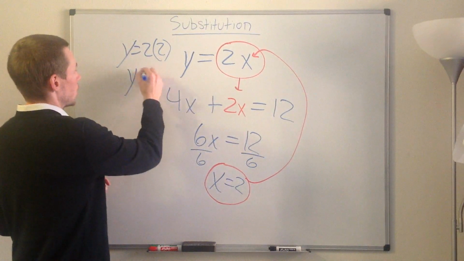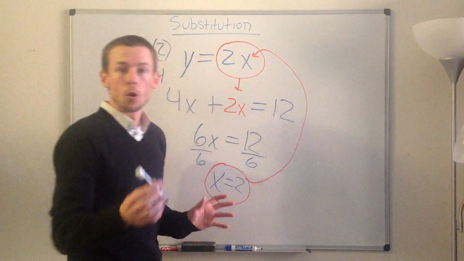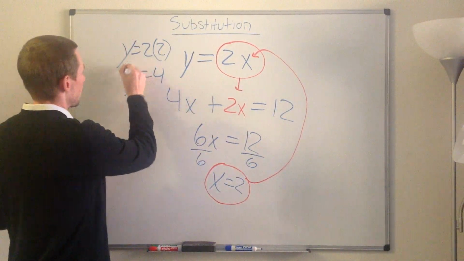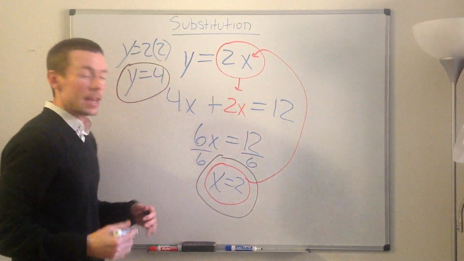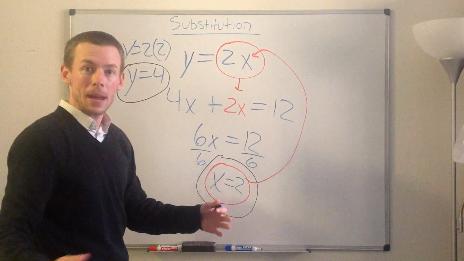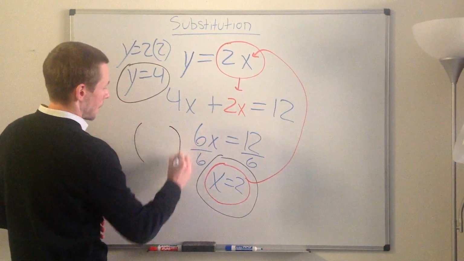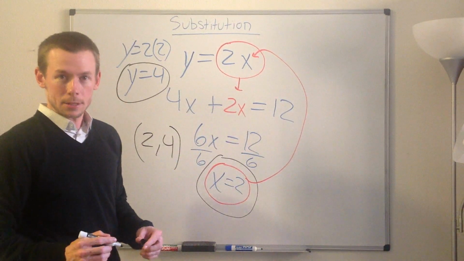So therefore, y equals 4. So our answer is x equals 2 and y equals 4, or if we were writing them in an ordered pair fashion, it would look like this.